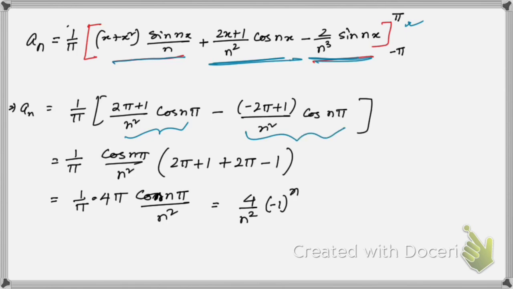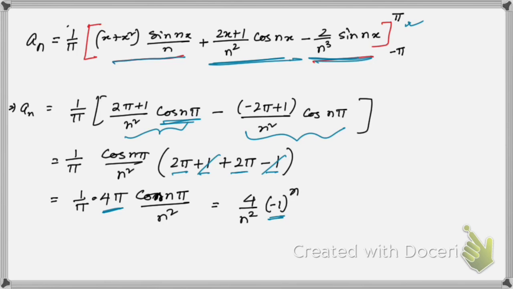And subtracting these two, what we have got, cos n pi is common here by n, and then within bracket we have got 2 pi plus 1, 2 pi minus 1, plus 1 minus 1 gone, we have got 4 pi, right? And cos n pi is minus 1 to the power n, right? So this is the value of an, right? So we have got an.